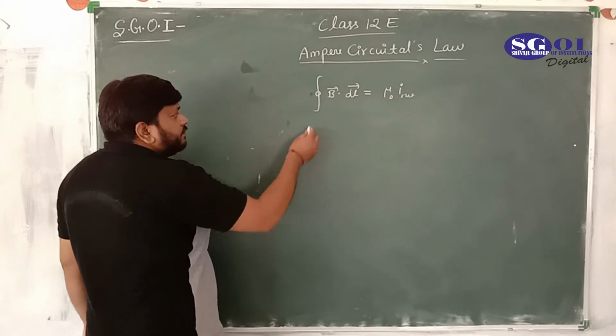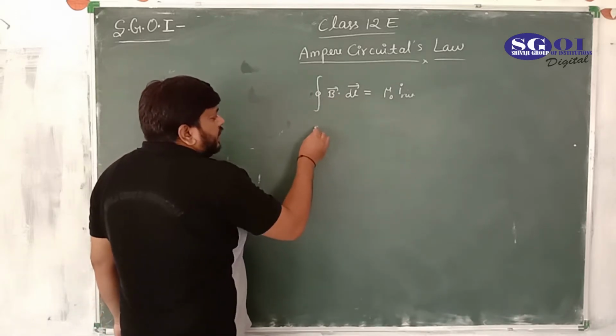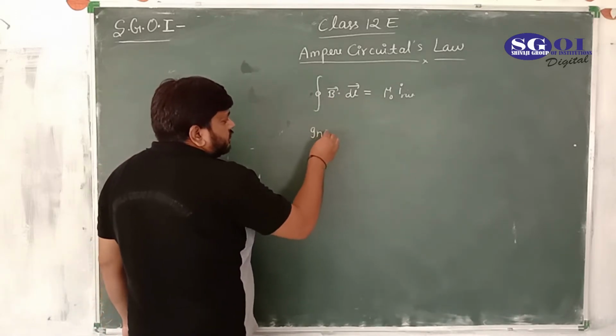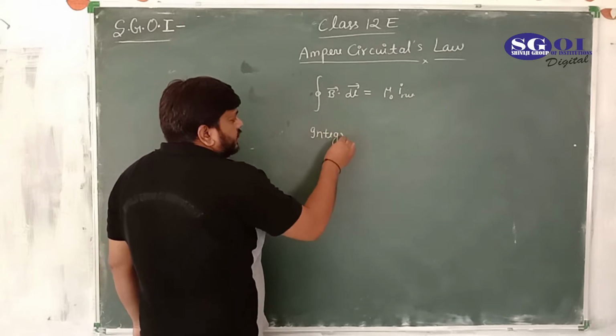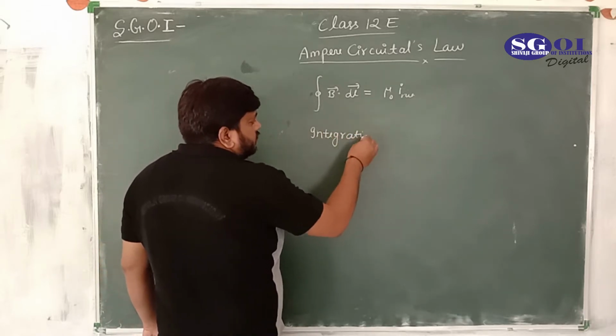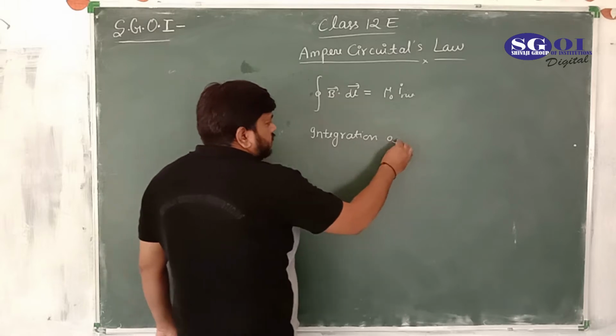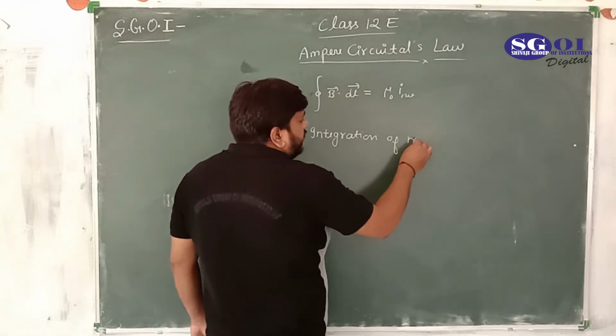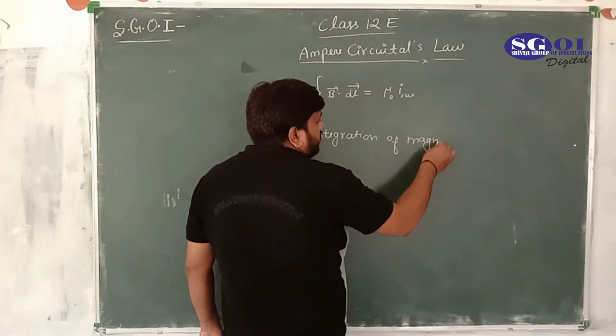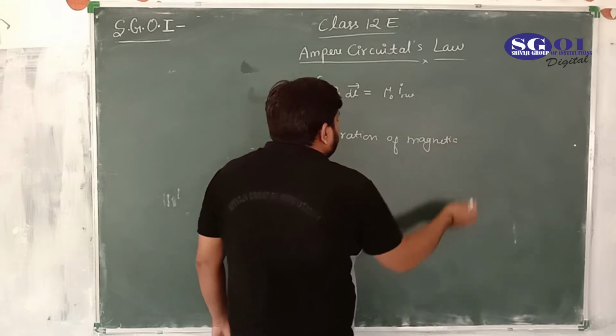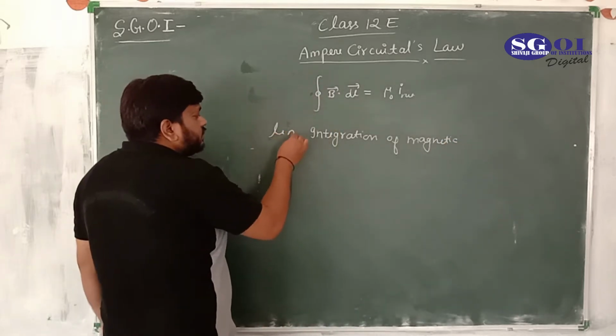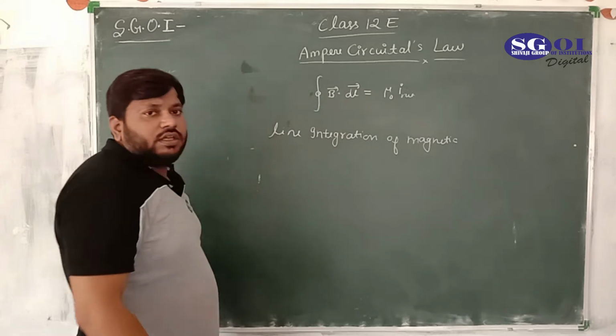So we can say it is the integration of the magnetic field, a line integration, this is dl.